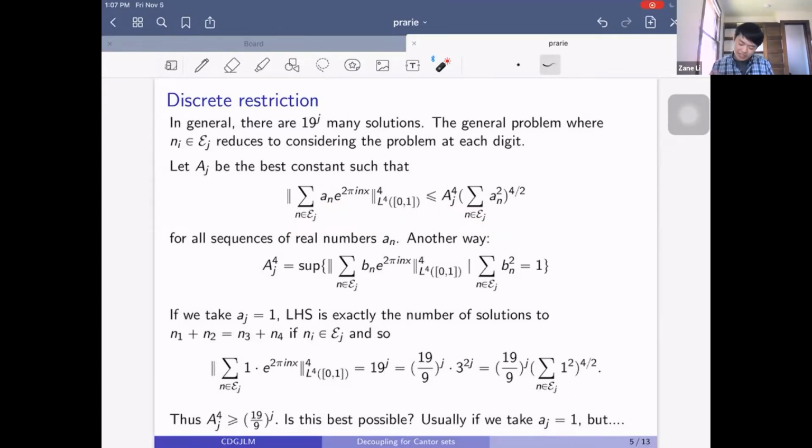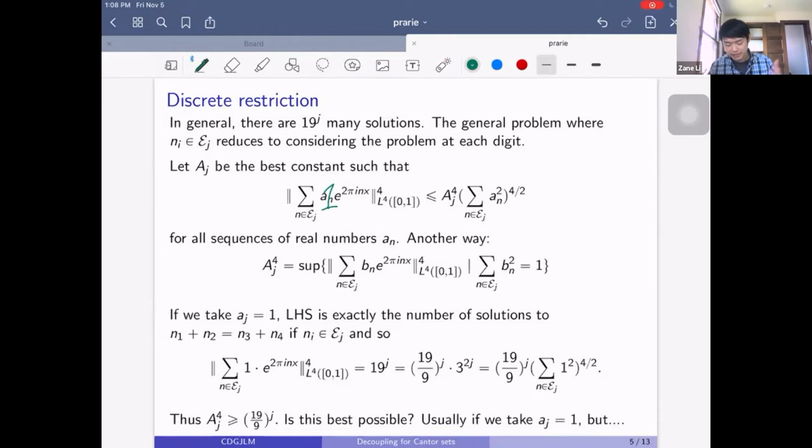Okay, so put it another way, a_j is the maximum of this guy subject to the fact that the right-hand side equals 1. Okay, so we know how to compute at least one special case of the left-hand side. It's the case when a_n equals 1. Okay, if I put a 1 here, that's an L4 norm. So what do you do with an L4 norm?